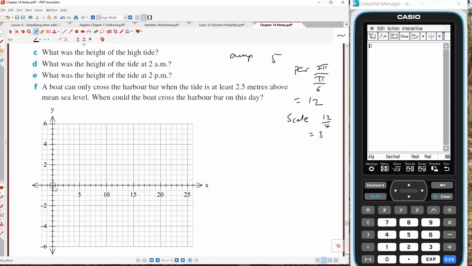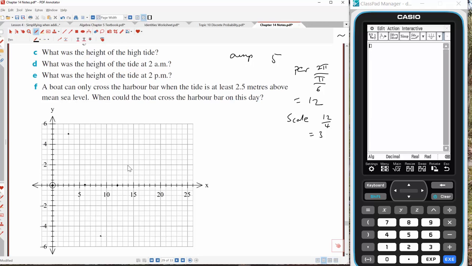So it's a sine function. Sine starts at 0, we'll go up to 5 at 3, down to 0 at 6, down to -5 at 9. There it is, at 12 there's one cycle. And then we'll just do a second cycle.